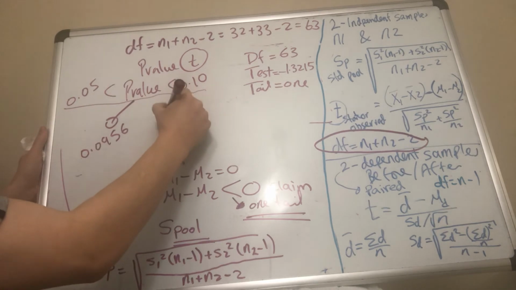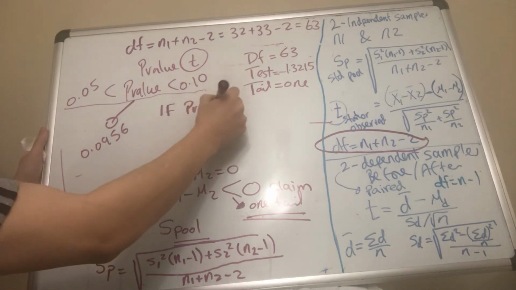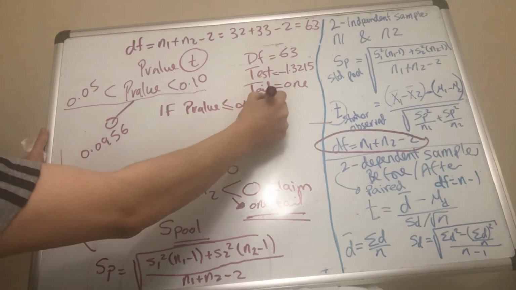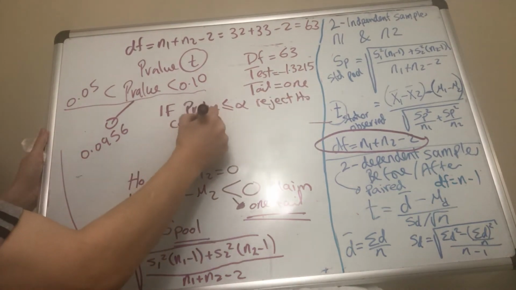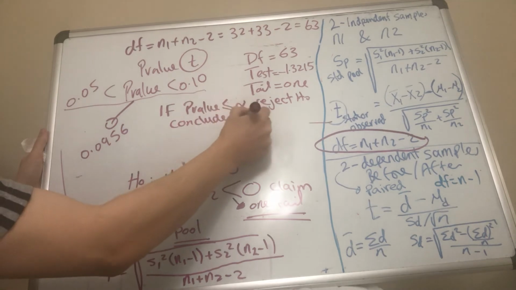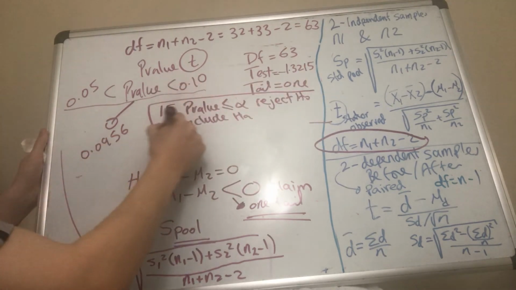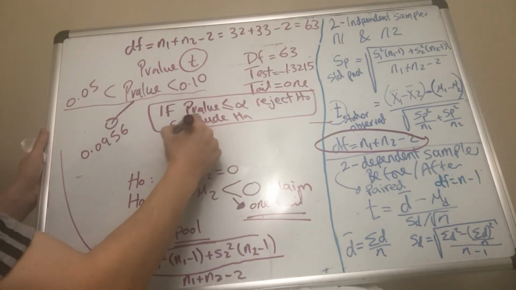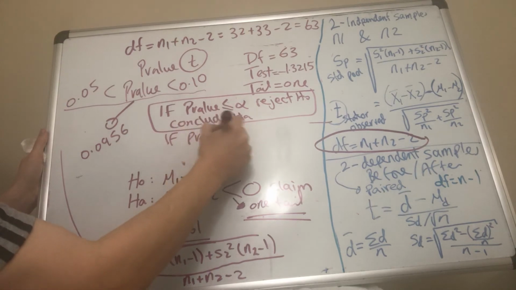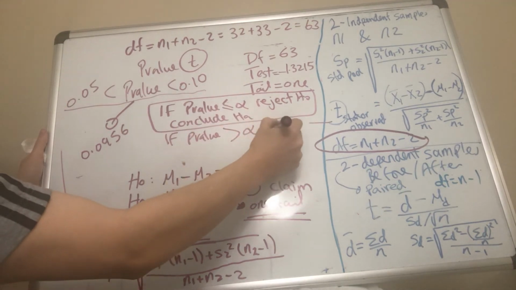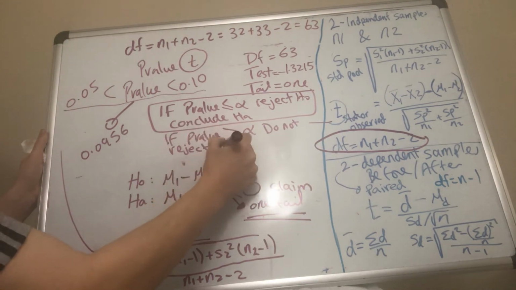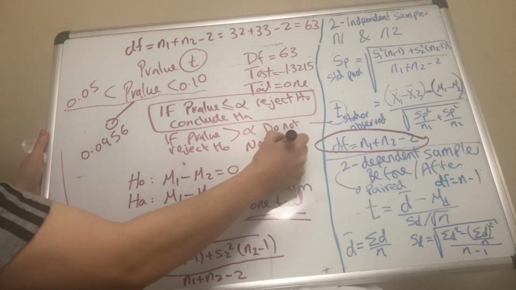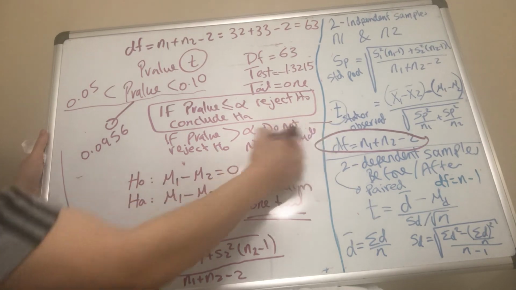General rule: if p-value is less than or equal to alpha, you're going to reject H0, conclude HA. And if your p-value is more than alpha, you're not going to reject H0. You're not going to conclude HA.